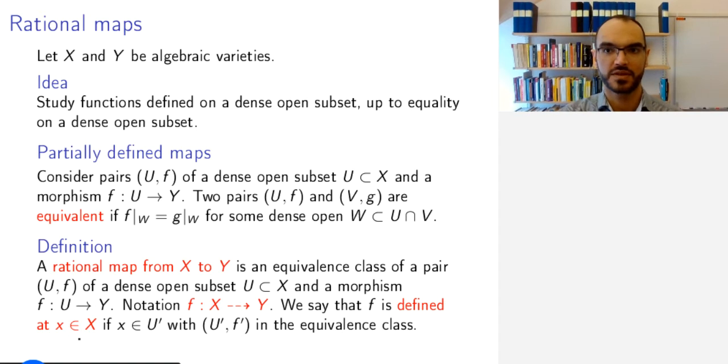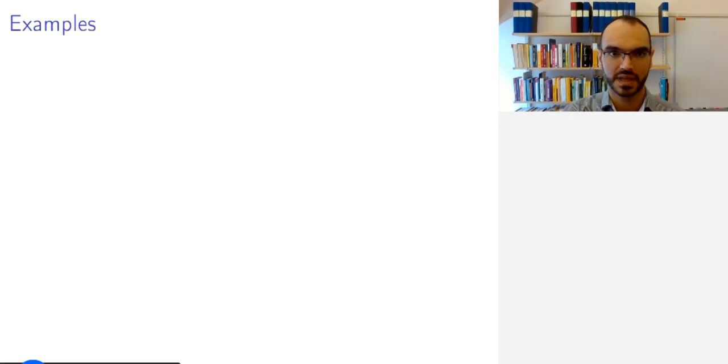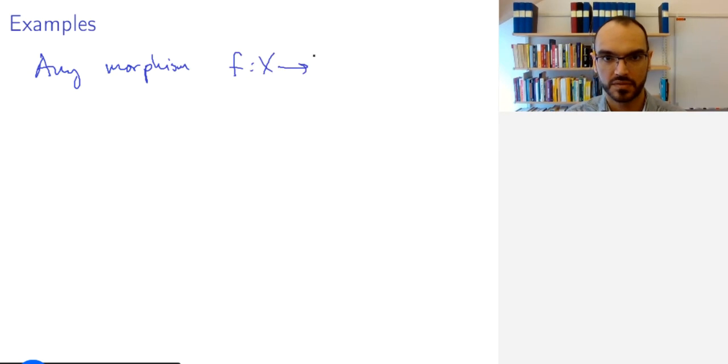So take a moment to digest this definition. Let's look at a few examples. Well, of course, any morphism f from X to Y is a rational map.